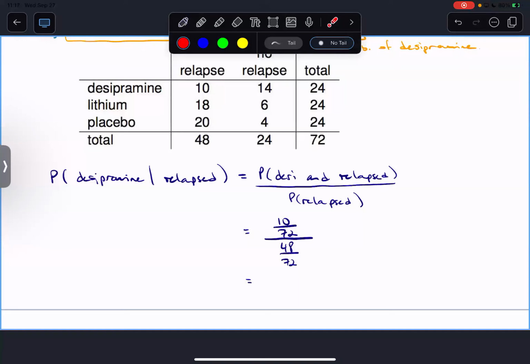Because we're not talking about knowing that they relapsed here. It comes from that. But when I break it out, then I don't have any given information anymore. So it makes it easier to deal with. But yeah, the final answer is going to be 10 over 48, right? Which you can just grab from the table if you want.